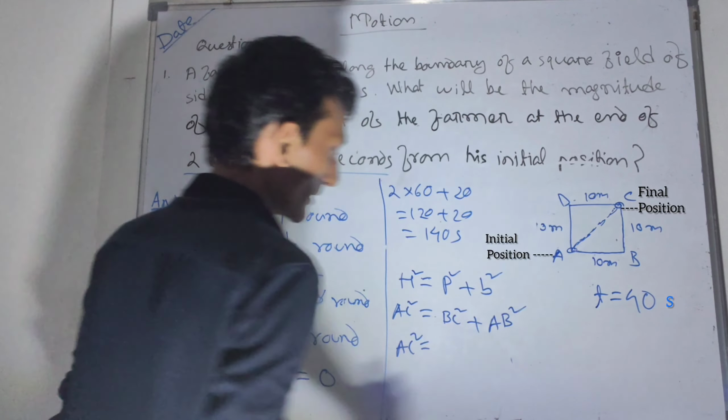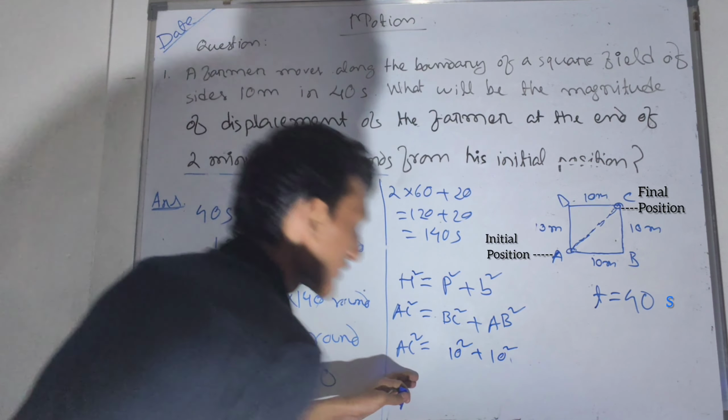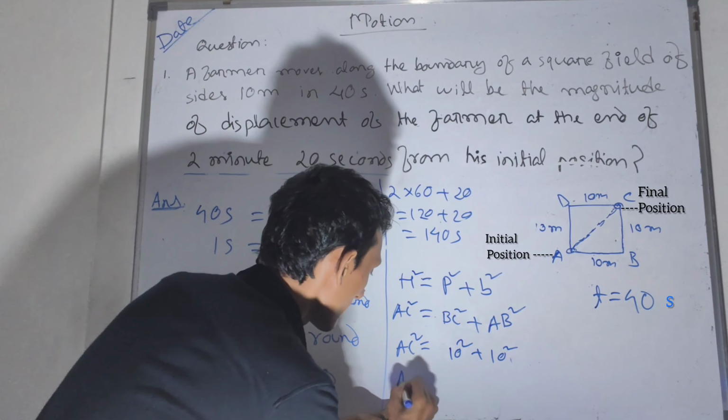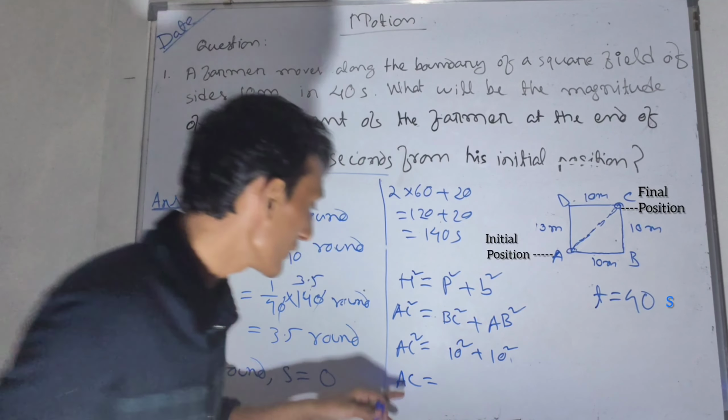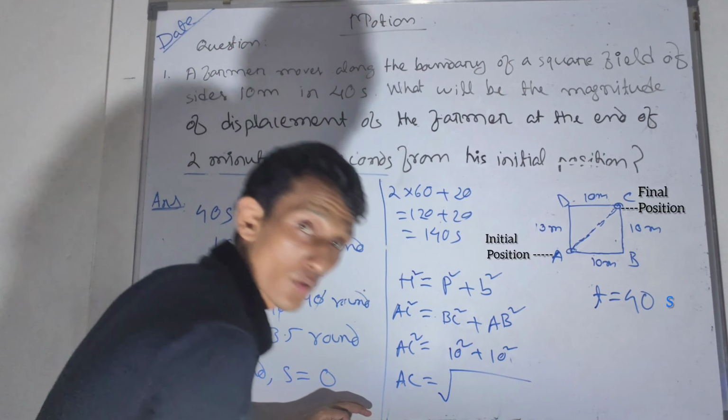10 meters, 10 meters. So AC square is 10 square plus 10 square. If we cancel the square, we can put a root over here.